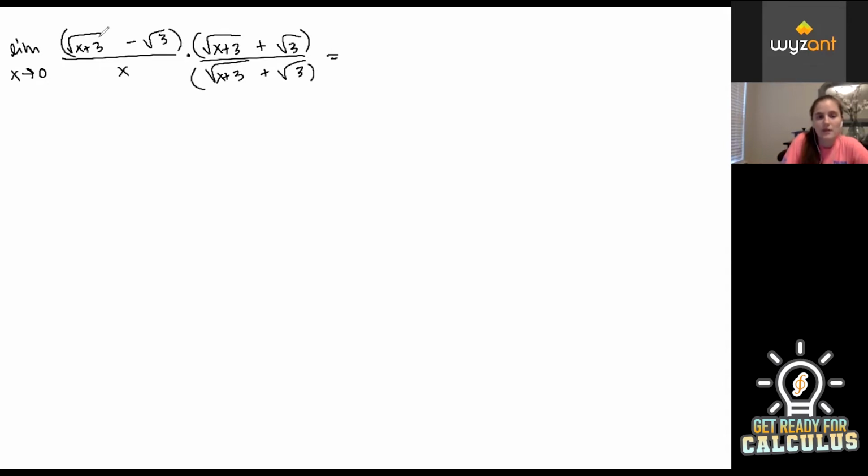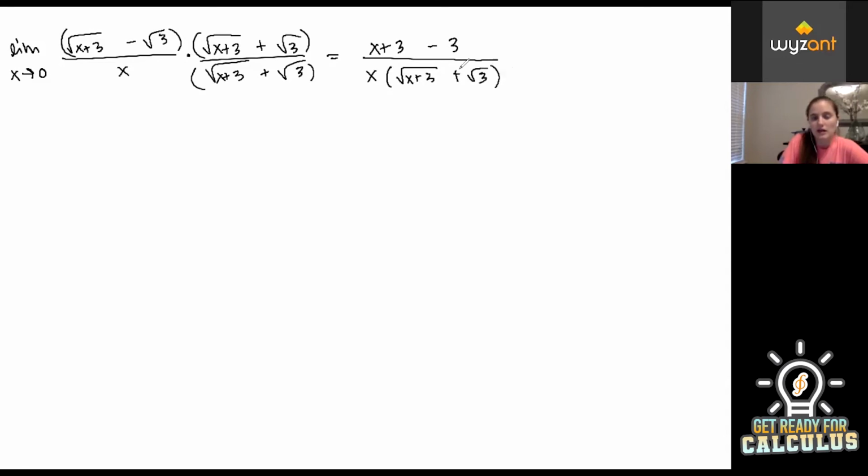Okay, so when we multiply this out, this is a difference of squares. So you could FOIL it all the way out, or you could use the fact that a minus b times a plus b goes to a squared minus b squared. So this is going to go to x plus 3 minus 3. And then the bottom, I wouldn't bother factoring out because it'll end up canceling out, usually.